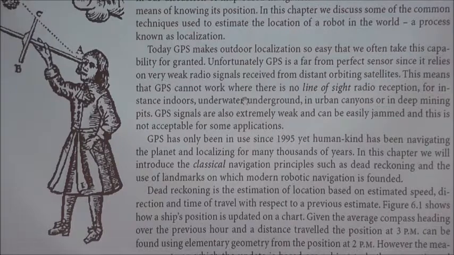For instance, indoors or underwater, GPS doesn't work, because there is no line of sight to the satellite. Or if you go downtown, let's say San Antonio, or even worse, downtown Manhattan, where all these skyscrapers are huge, you have very little use of GPS.